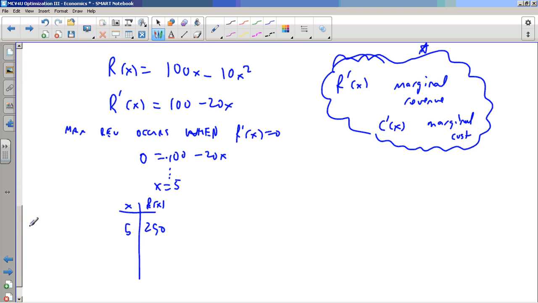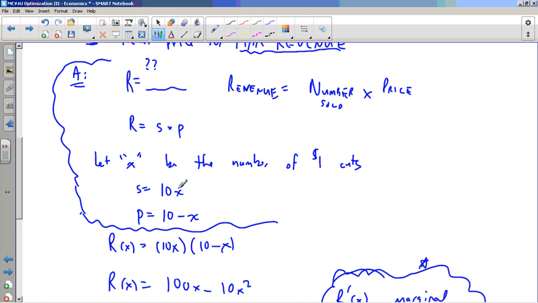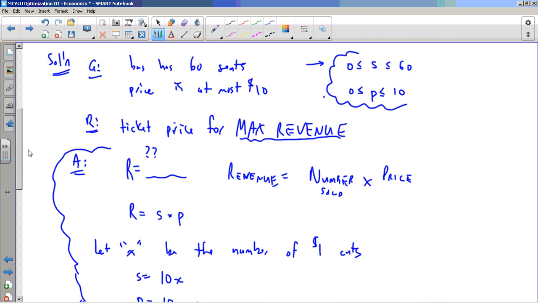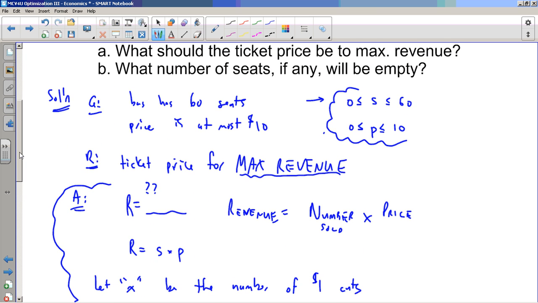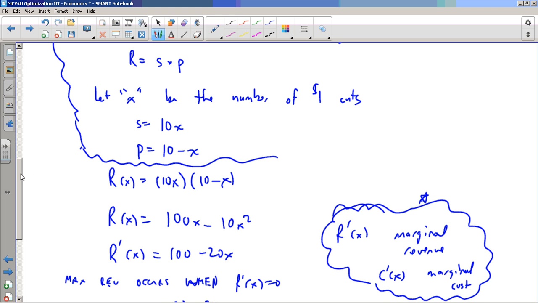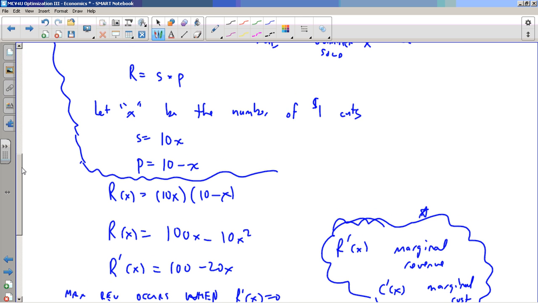Well, what are the endpoints? Notice if I look back here, I can see my constraints. The number of tickets has got to be at most 60. That means x has got to be at most 6. And also, if x is less than 0, that doesn't make any sense, right?